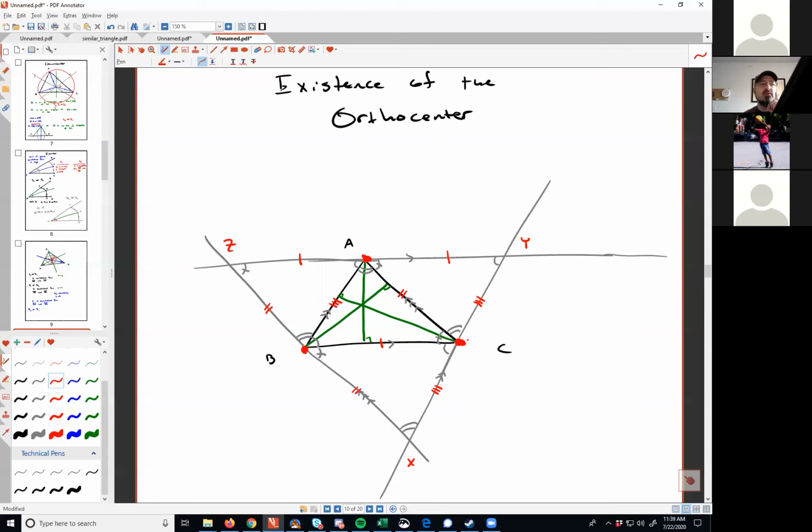Now I want you to look at those original green lines and tell me what they are. They are the midpoints of the bigger lines. Like C is the midpoint of line XY, and B is the midpoint of line ZX, and A is the midpoint of line ZY.